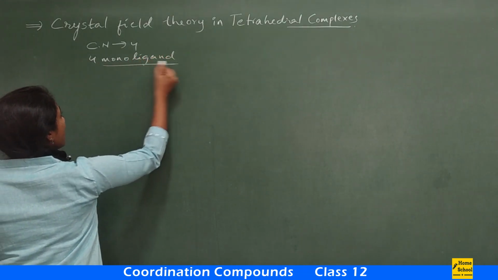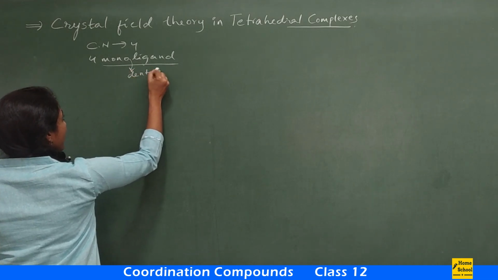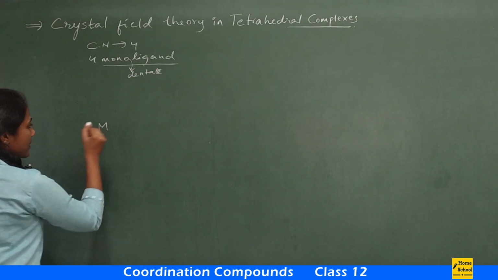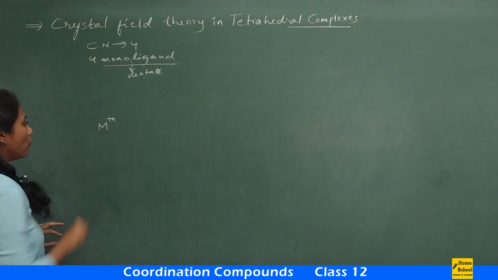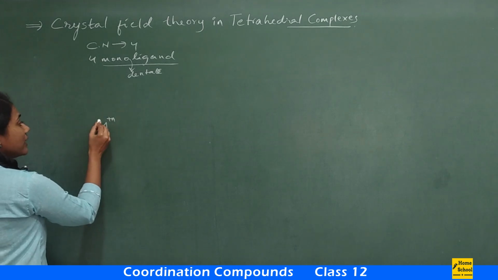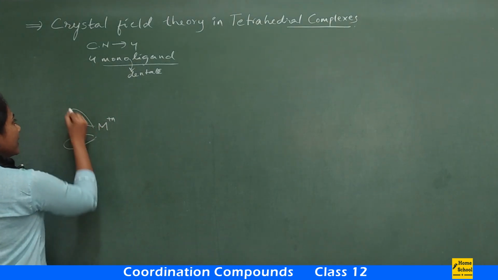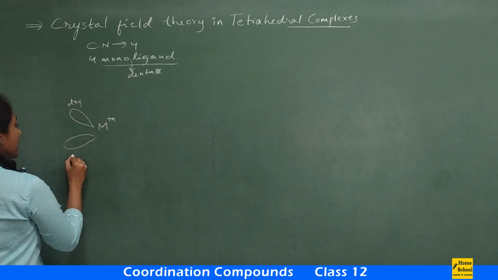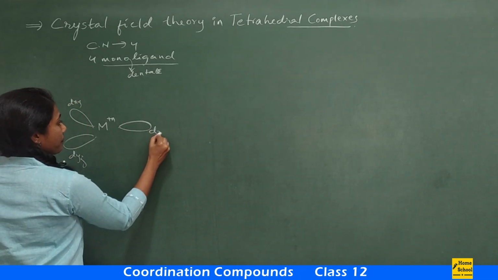Okay, so 4 monodentate ligands. Suppose this is your central metal atom, central metal ion, whatever it can be, and you have the 5 d orbitals here. One is dxy, dyz, dzx.